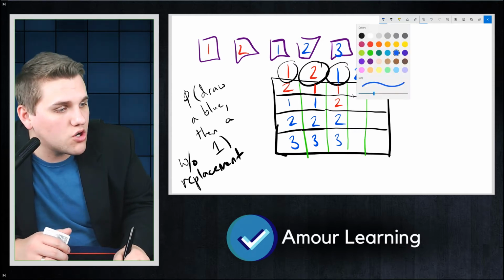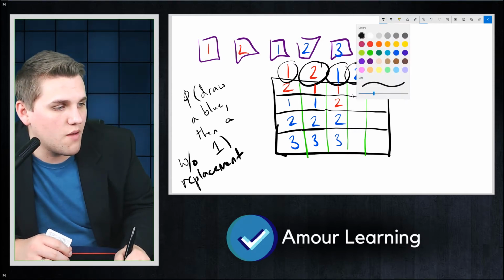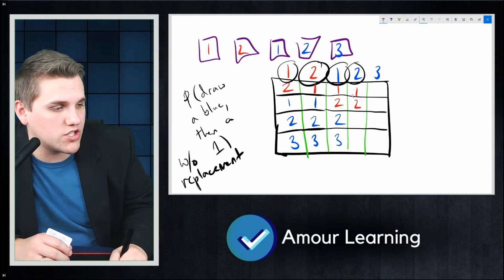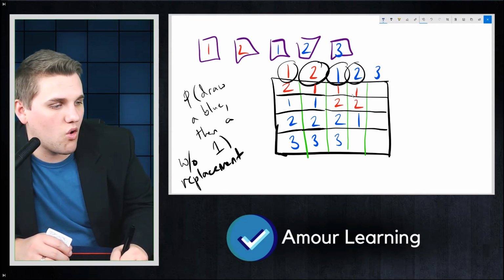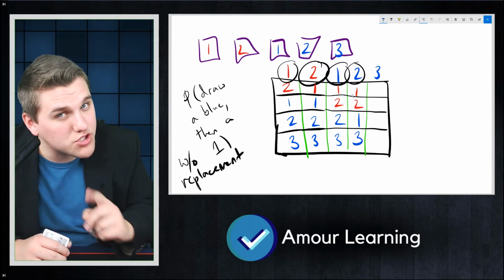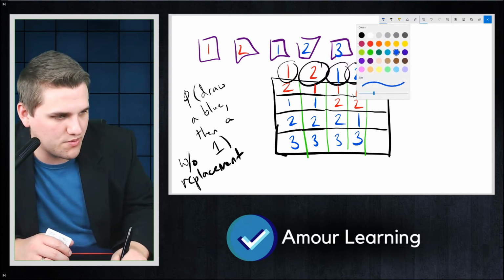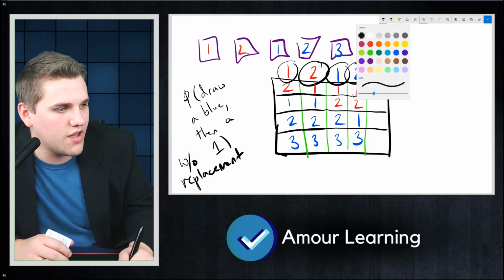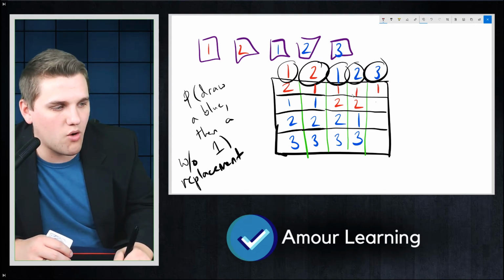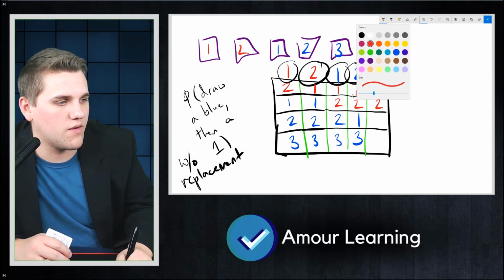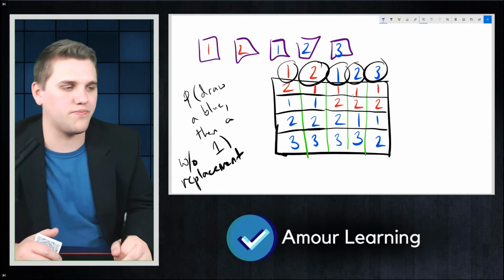With the blue 2, you could draw maybe a red 1, a red 2. You could draw a blue 1, or a blue 3. You can't draw a blue 2, though, because you've already drawn a blue 2. And then blue 3 is going to be split up into groups that draw a red 1, a red 2, or a blue 1 and a blue 2.